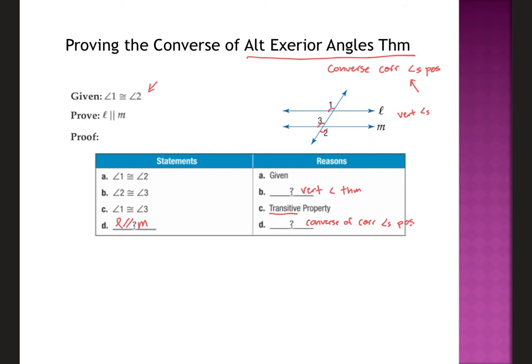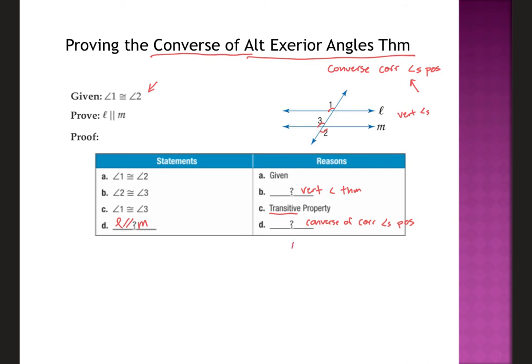Okay, remember, I can't say alternate exterior angles theorem, or the converse of alternate exterior angles theorem, because that's what I'm trying to prove. However, angle 1 and angle 3 are corresponding angles, and in my proof, I showed these two corresponding angles to be congruent, and therefore I know the lines are parallel.